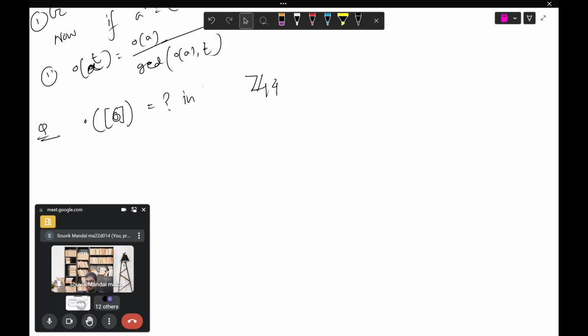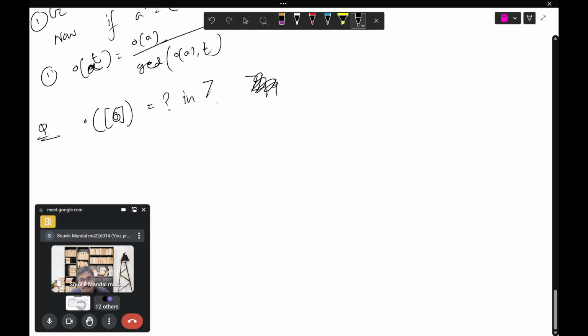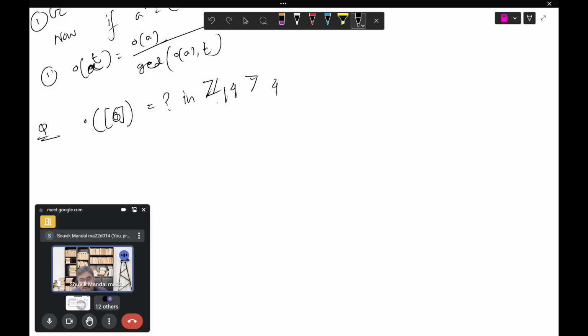Sir, we should calculate the order of the element in that group, Z14. Okay.